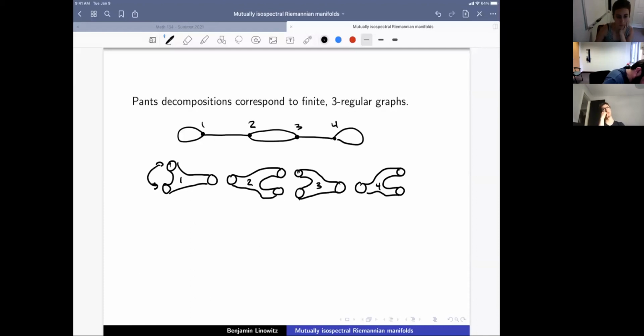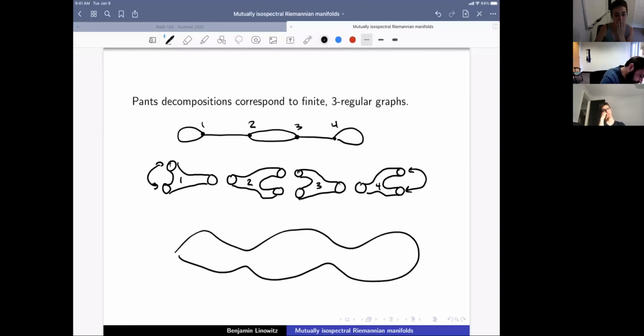I glue those together, these together, and then you see that you get a genus 3 surface. This is how to go back and forth between finite 3 regular graphs and surfaces.